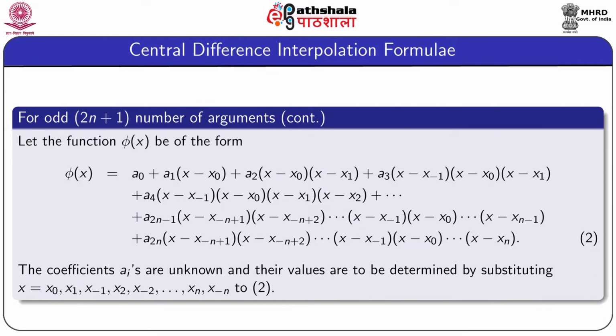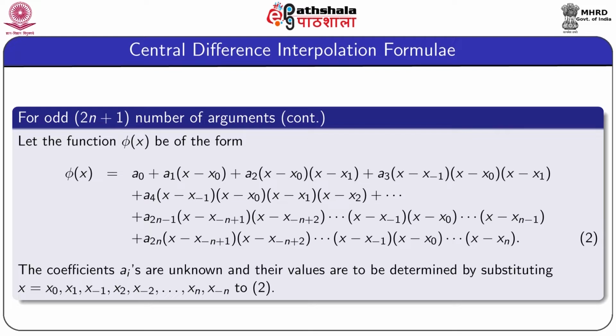Like the Newton forward difference formula, we construct the function phi x as follows. Phi x equal to a 0 plus a 1 into x minus x 0 plus a 2 into x minus x 0 into x minus x 1 plus a 3 into x minus x minus 1 into x minus x 0 into x minus x 1, and so on. Note that the factor x minus x 0 is entered at the beginning of the construction of the polynomial.